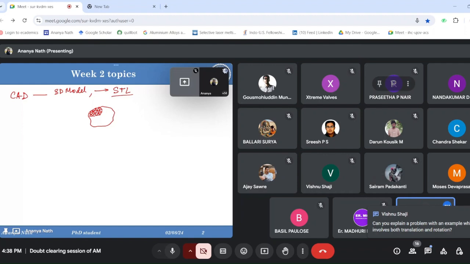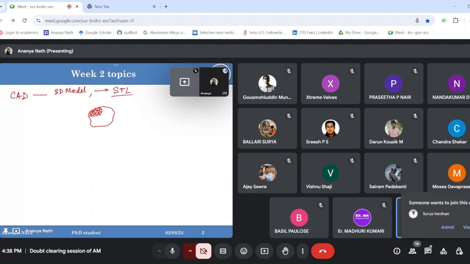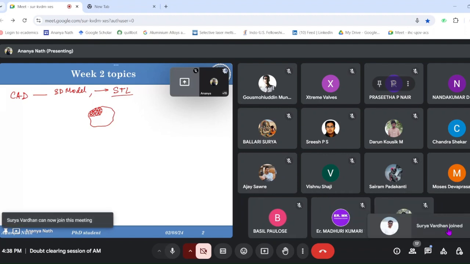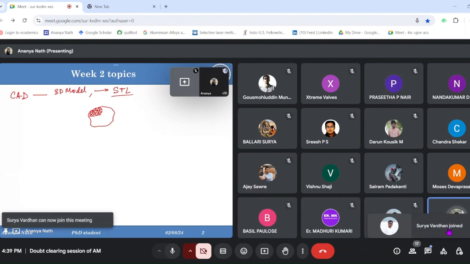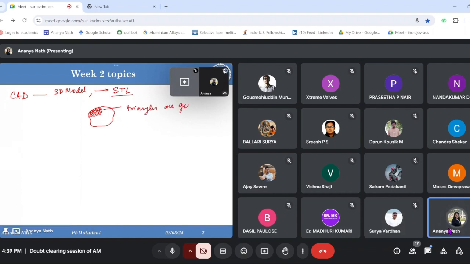Okay, so now how is the STL file read by the computer of the 3D printer? Because the STL file again is a geometry. Triangles are geometry. How can a computer read the geometry? A computer doesn't have any eyes, so it reads the coordinates of the geometry.